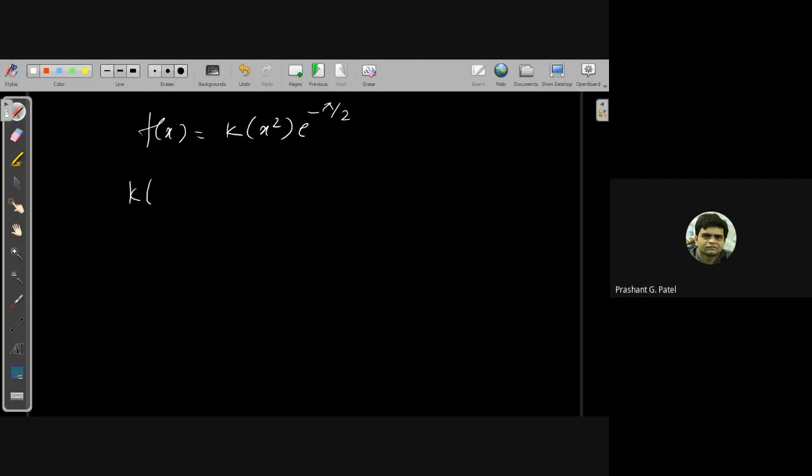So k of x square is e power pi by 2 into fx. So k of x, sorry, k of x square is there, then square root will be here. So if it is x, then it will be f of square root of x. So this is our required function k.